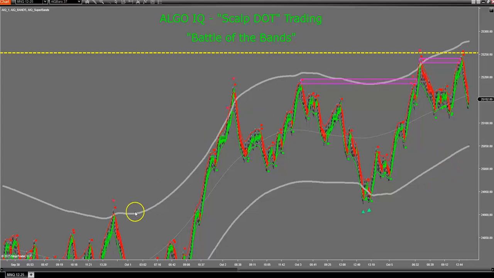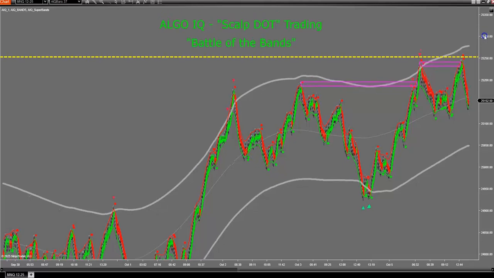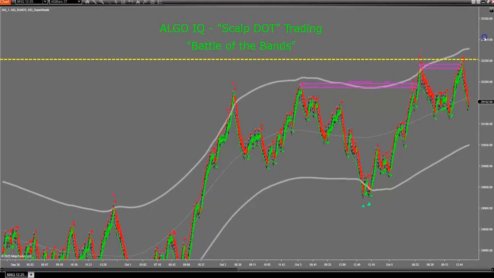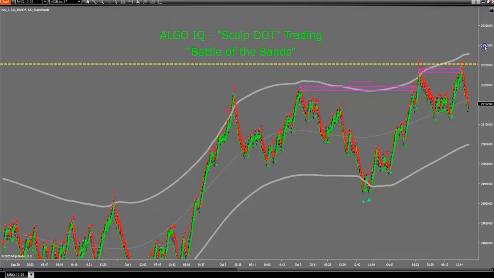Now, another reason why I'm so big on the SuperBands is back in the day, in the very beginning, when I first started trading institutional FX. I've been doing that for 9 years, trading, building systems fully automated that trade 12 to 16 instrument portfolios in the FX market.